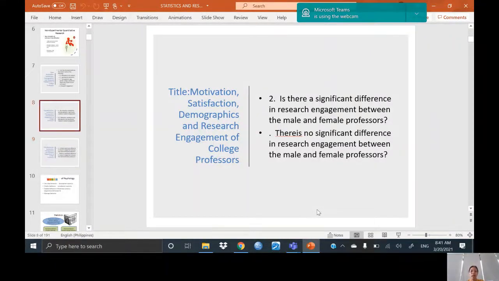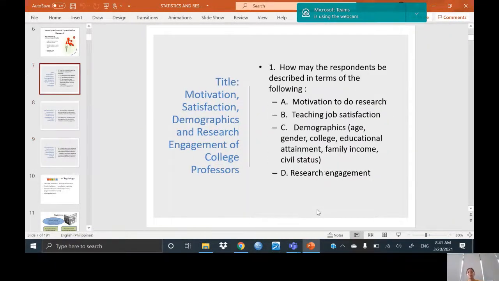Okay, now, as you would see from this first problem, this first problem is a descriptive problem, meaning to say it simply wants to know the current or present level of the respondents in terms of those variables enumerated in this problem.